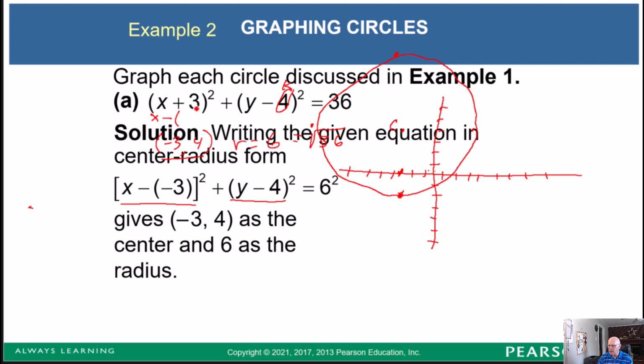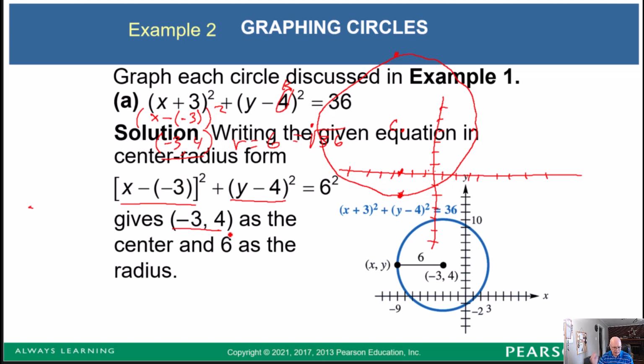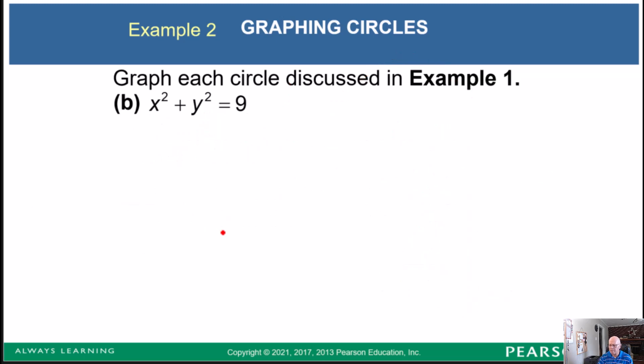And plus 3, if you have a minus here, it would have to be a minus 3, like that. Plus 3, so it'll be the opposite. And that gives you the center, and 6 is the radius. And that's a much better look at it, but I think you've still got the idea.